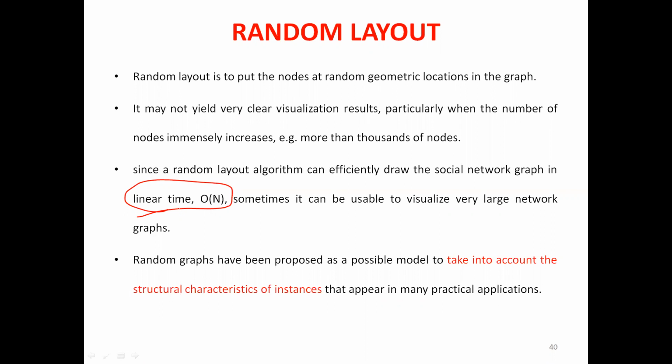This is the time complexity of the random layout. So it is mainly used for very large network graphs, where this kind of layout will be helpful compared to other types of layout. Okay, let me check on.